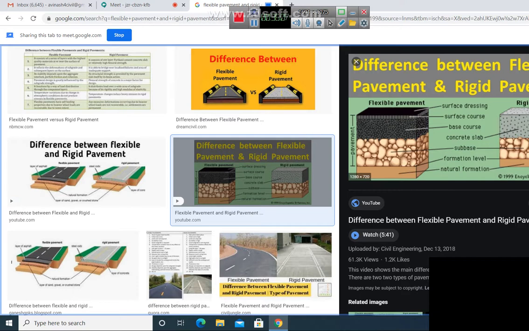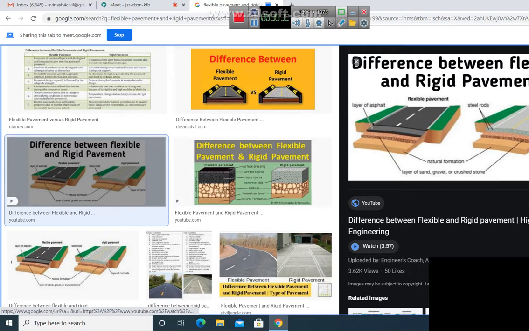Similar to flexible pavement, here also you have a subbase layer made up of stone aggregates, and over that you have a concrete slab. Here, instead of a base course and surface course, you will be casting a concrete slab, and the concrete slab is placed above the subbase level. So this is known as a rigid pavement.